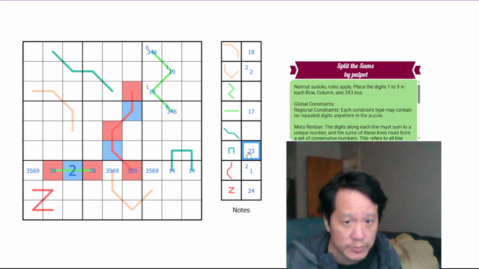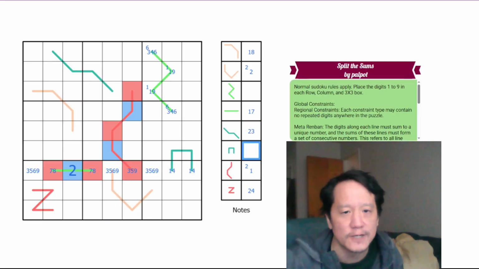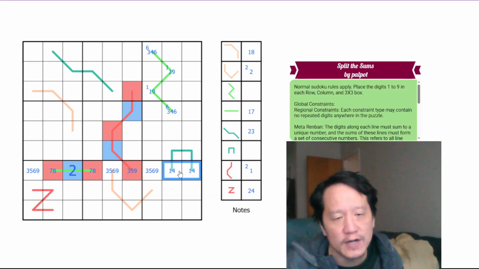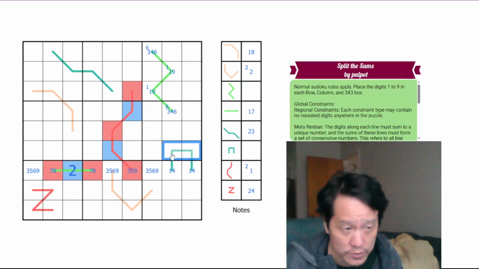So it cannot add up to 23 because that's too many. 5 plus 23. So this is not 23, therefore the other one has to be 23. And this must be 5. And one of these, and then this has to add up to... We can't have 17 or 18. 20 doesn't work, because again, that would have to be 7 and 8.